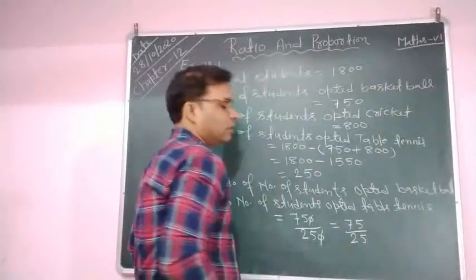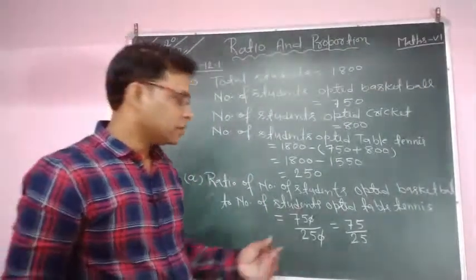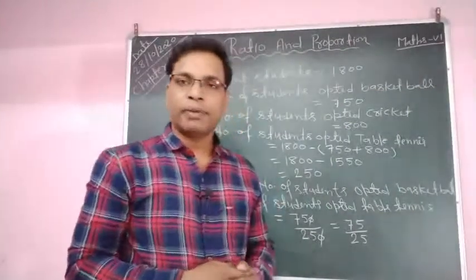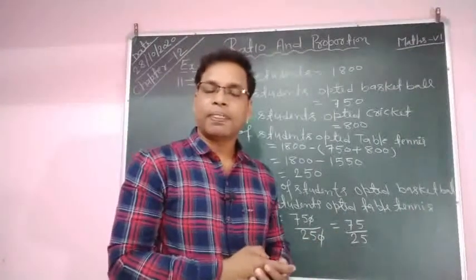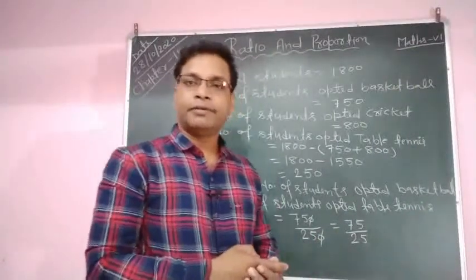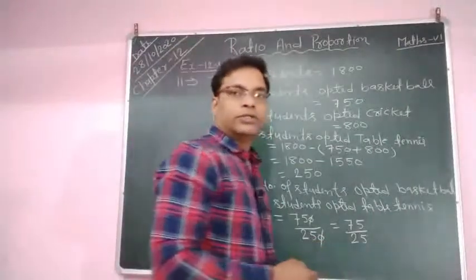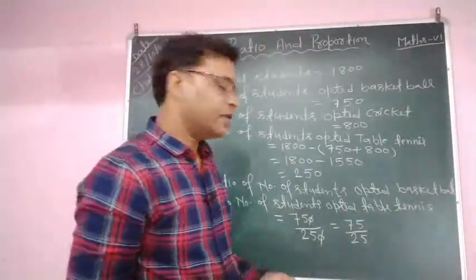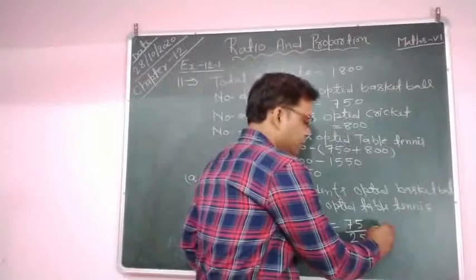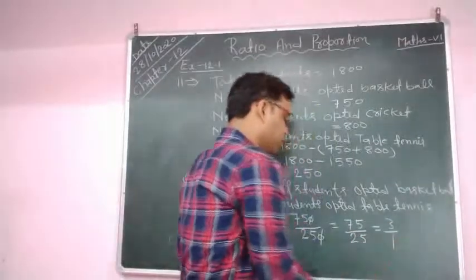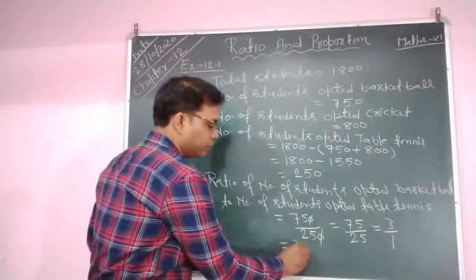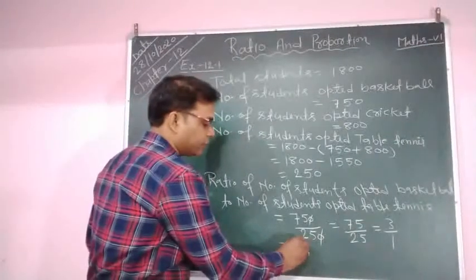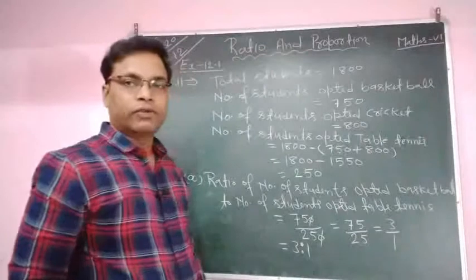Okay. So also you can simplify this. How can you simplify it? 25 into 75. This is equal to 3 by 1. So your required ratio is equal to 3:1. Okay, this is your required ratio.